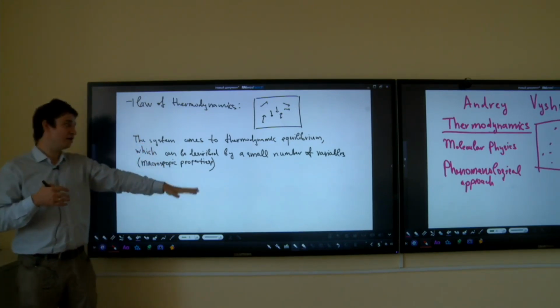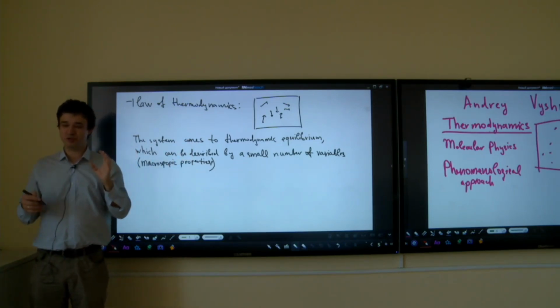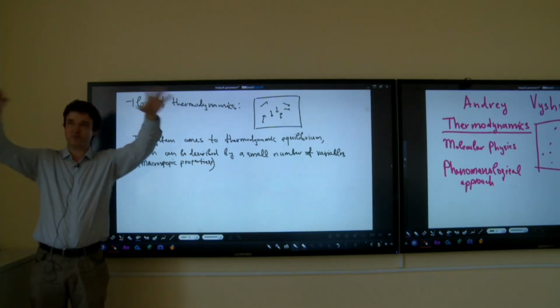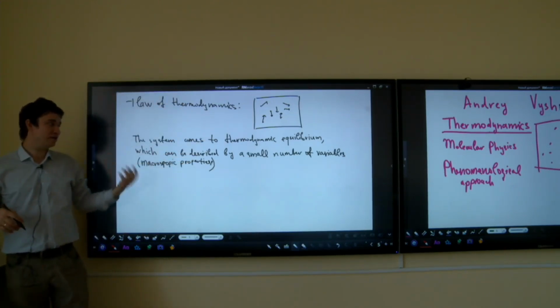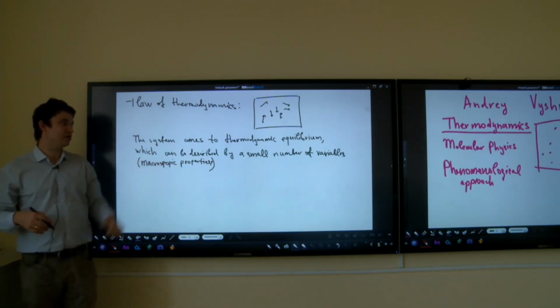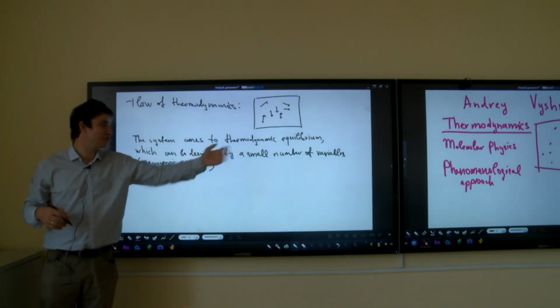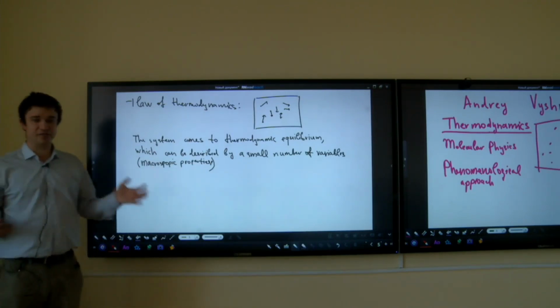So instead of one pressure variable, you should describe the whole pressure distribution inside the room. But when you have thermodynamic equilibrium, then a small number of measurable variables can describe the state of the gas.